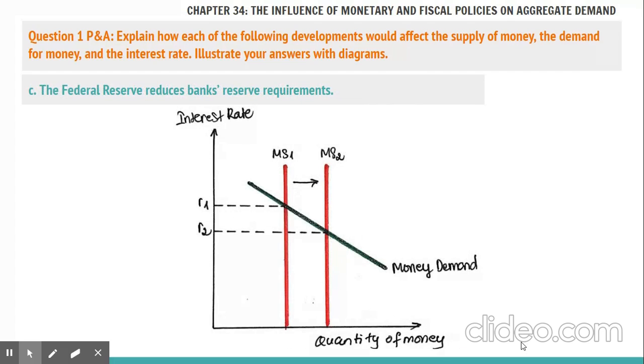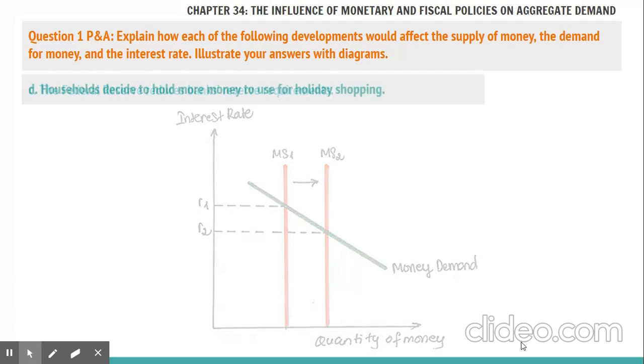C, the Federal Reserve reduces the bank reserve requirement, and it will increase the money supply. So the money supply will shift from MS1 to MS2, just like the first case, and this will result in a decline in the interest rates.